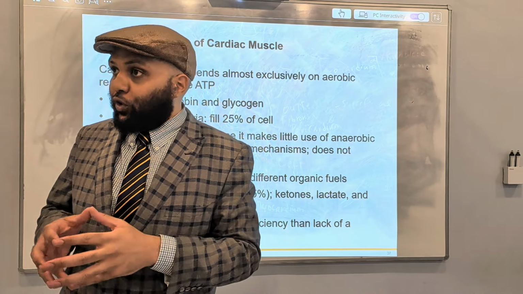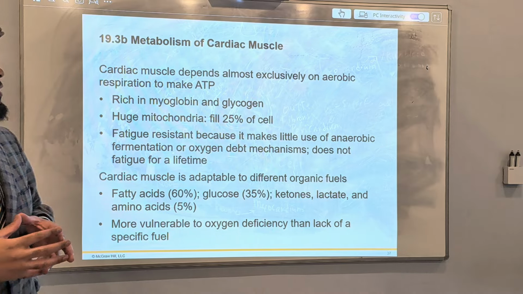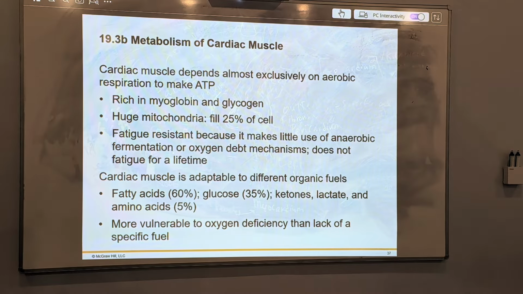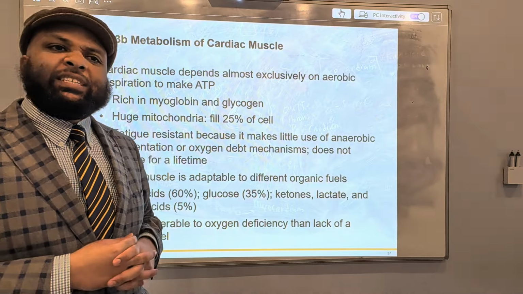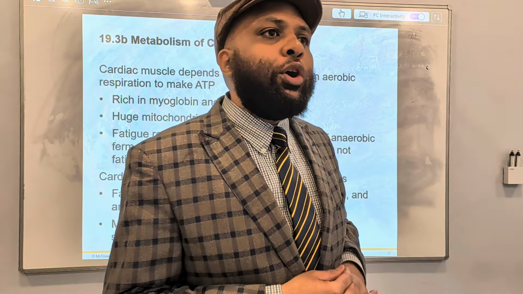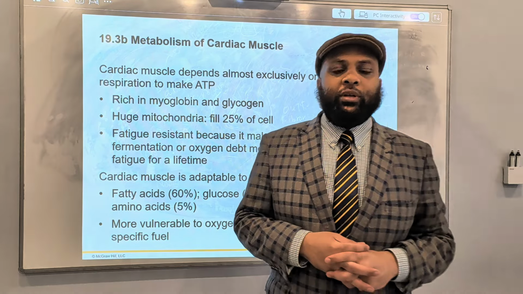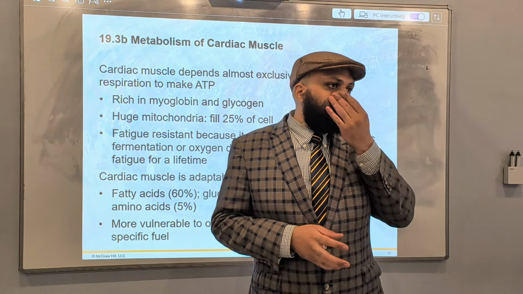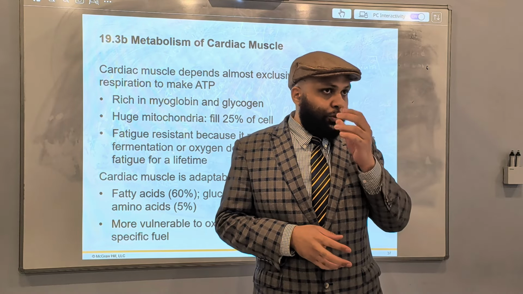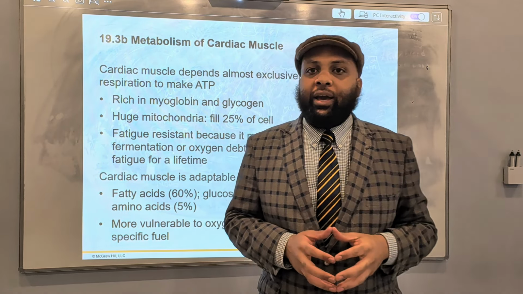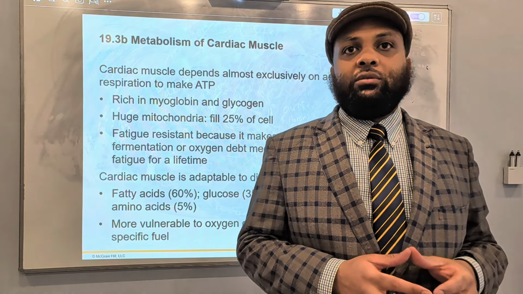Glycogen is the storage form of glucose. Very good. It is rich in myoglobin. And what is myoglobin? What is the difference between hemoglobin and myoglobin?